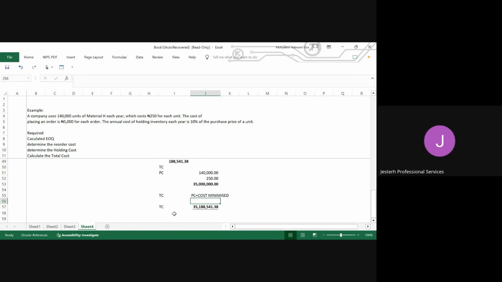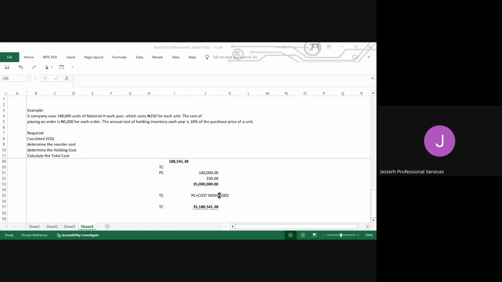So now, the purpose of all this is just to help an organization structure the level of how they will be bringing in the materials into the organization, and how they can minimize the costs. Now, what if the supplier decided to give discounts?